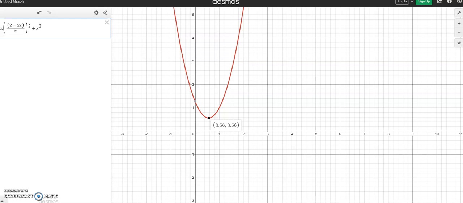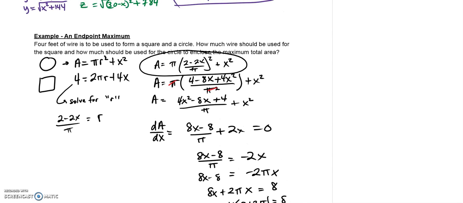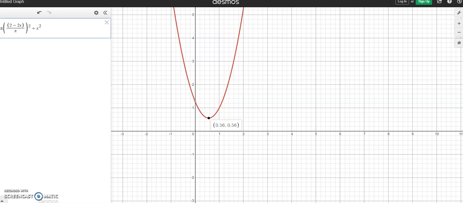Now your minimum is when x, so remember we're solving for x, is going to be 0.56, and that's what I got back here. And so up here your x value has to be 0.56 in these equations in order to minimize your area. Now an alternate solution, I'm going to stop there, but an alternate solution, if you look back at the graph, it's kind of silly and we should know this already, but an alternate solution would be using no wire on the square and all the wire on the circle, because in reality, right, this 1.237 represents your area.